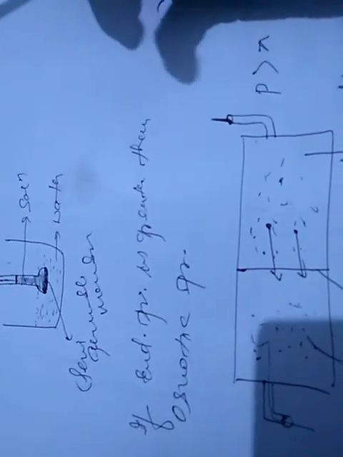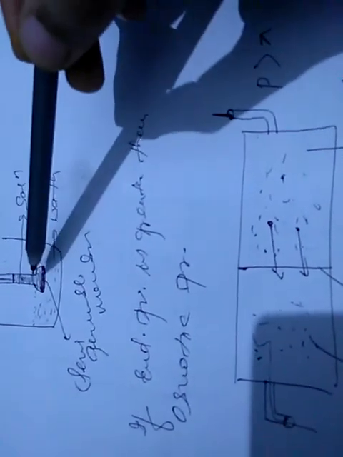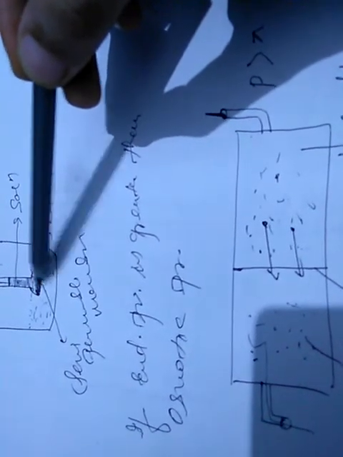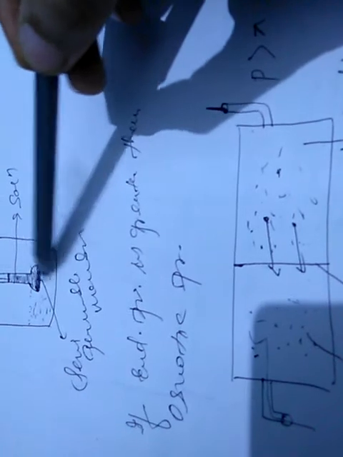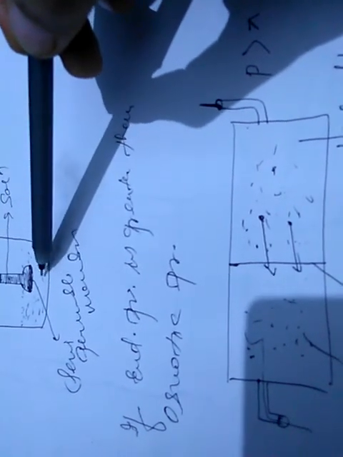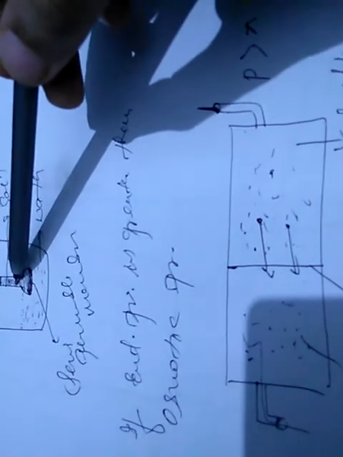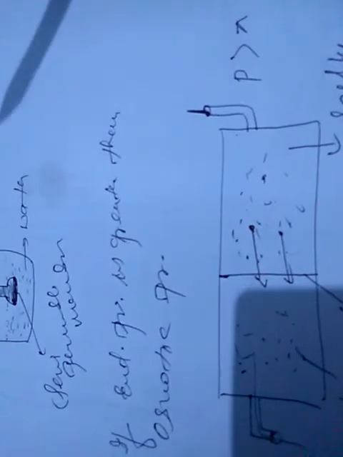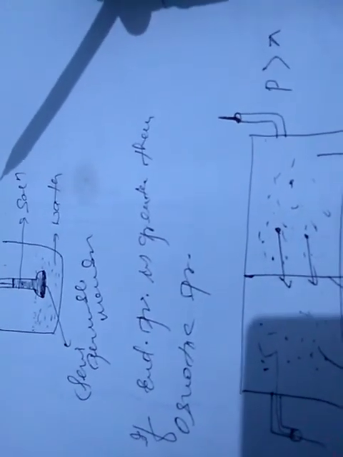So reverse osmosis is very simple. It is the movement of the solvent molecules from here. When solvent molecules from here start moving out, and move into this pure solvent, and since the movement is in the direction opposite to ordinary osmosis, it is called reverse osmosis.